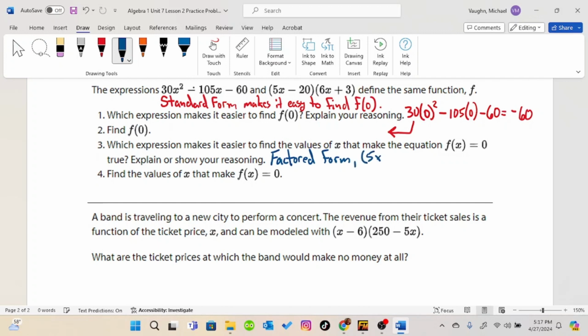And that's the 5x minus 20 times 6x plus 3. Number 4 wants to find the values of x. We take each factor, 5x minus 20 equals 0, and 6x plus 3 equals 0.